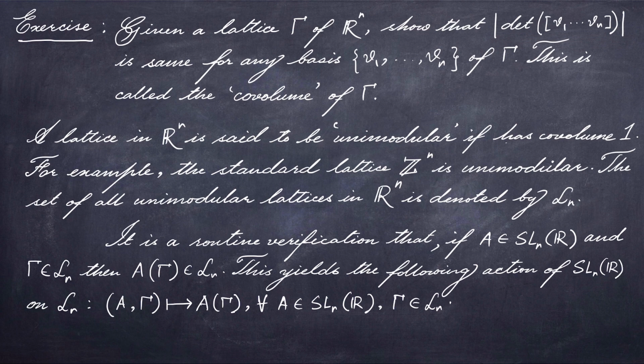Let me again remind you that the co-volume of a given lattice is very simple: you choose a basis of the lattice, then first consider this determinant and then take its absolute value. Now it's a routine verification that for any matrix with determinant 1 and any unimodular lattice gamma, the image of the unimodular lattice under this linear map is also going to be a unimodular lattice.